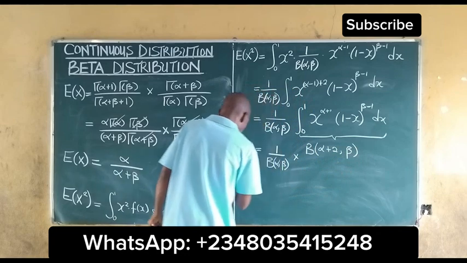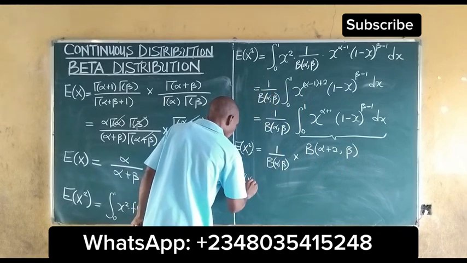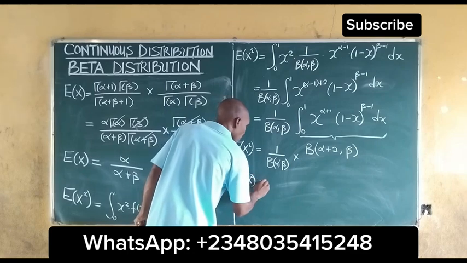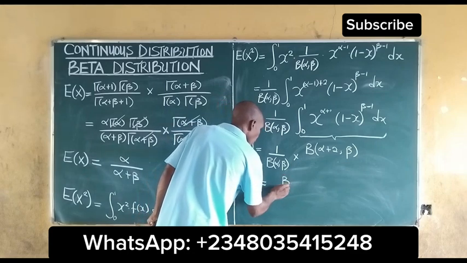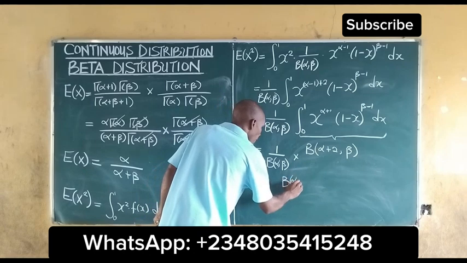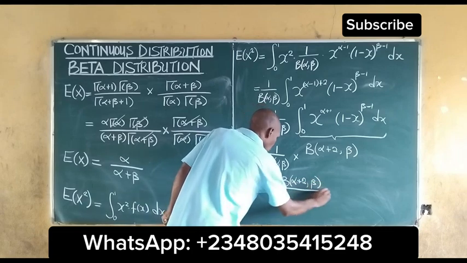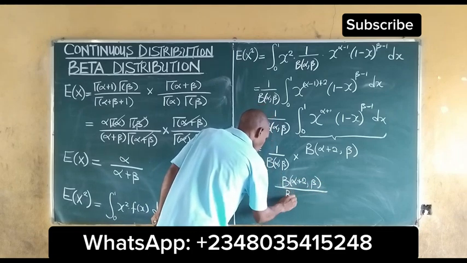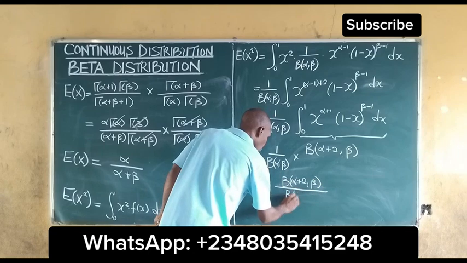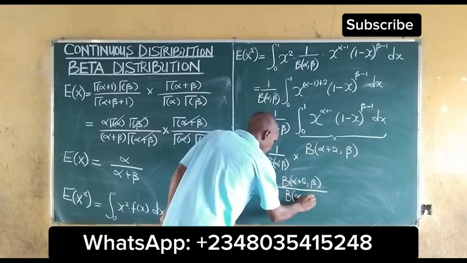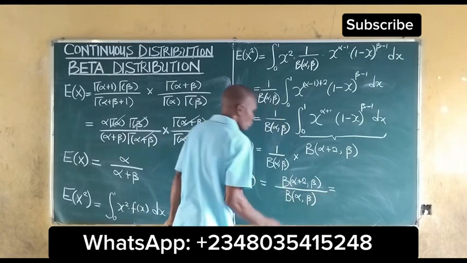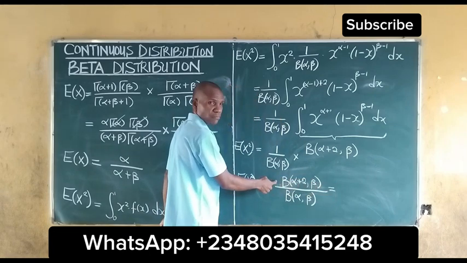So it then means that our expected value of x squared is equal to B of alpha plus 2, beta, over B of alpha, beta, which we'll now write out in full.